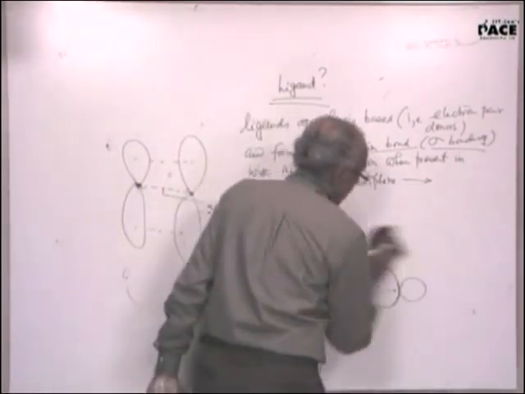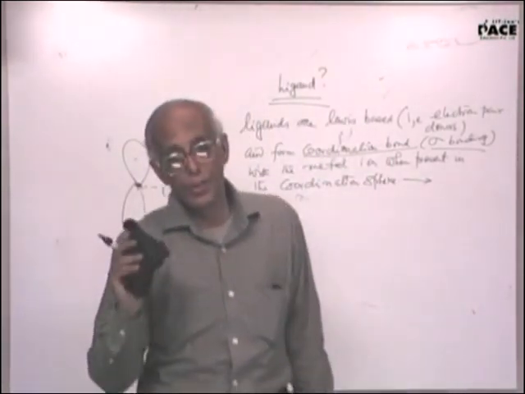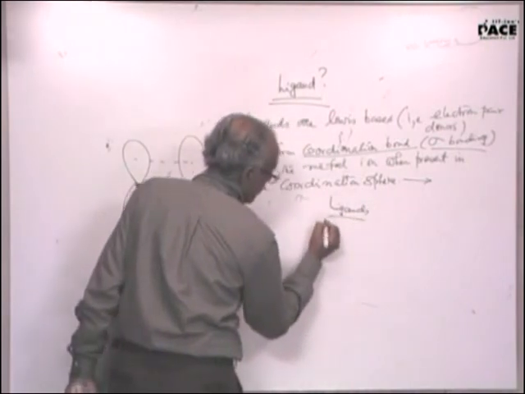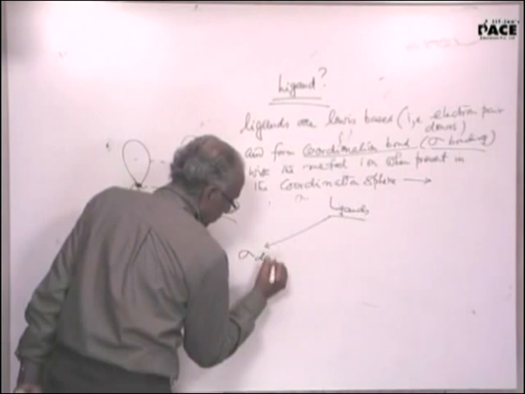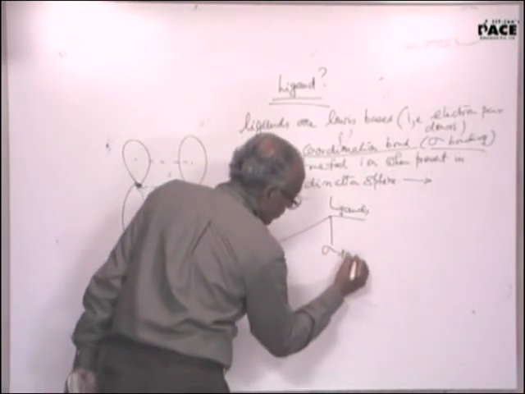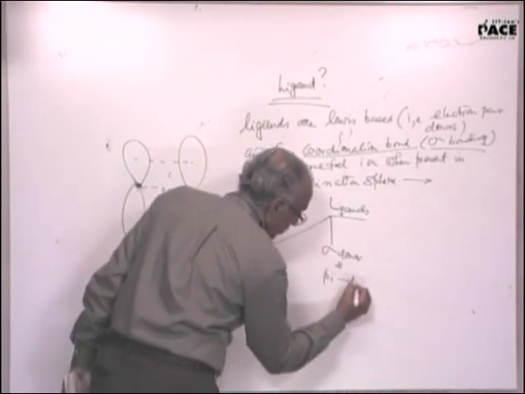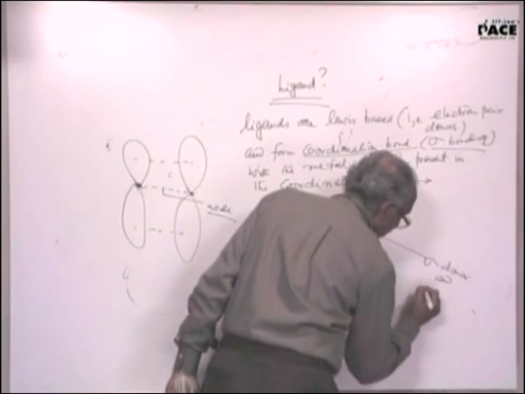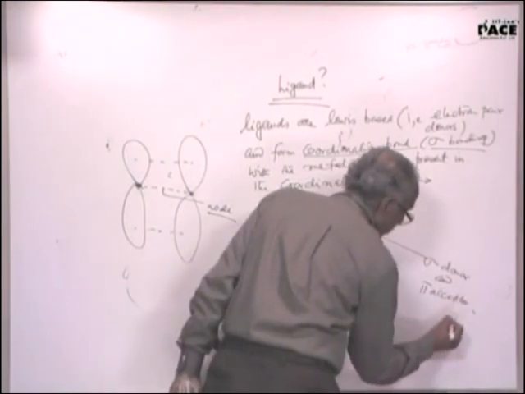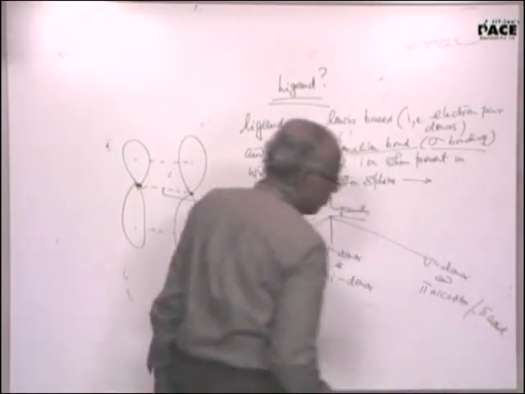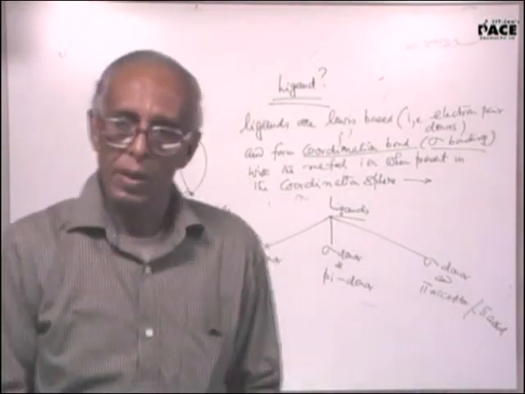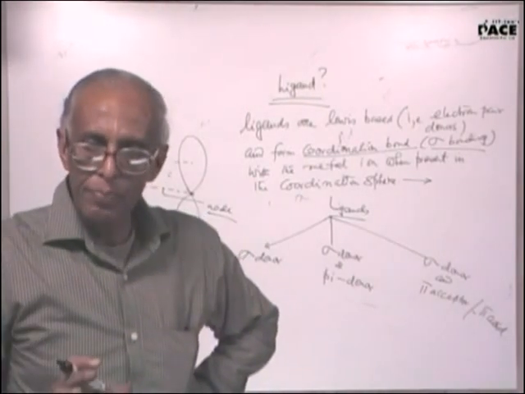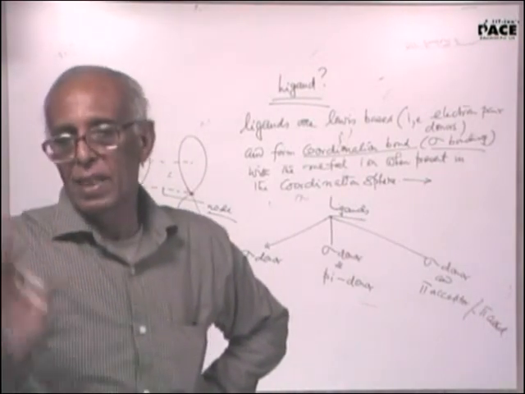Now, ligands can be classified into three categories: sigma donor, sigma donor and a pi donor, and sigma donor and a pi acceptor.